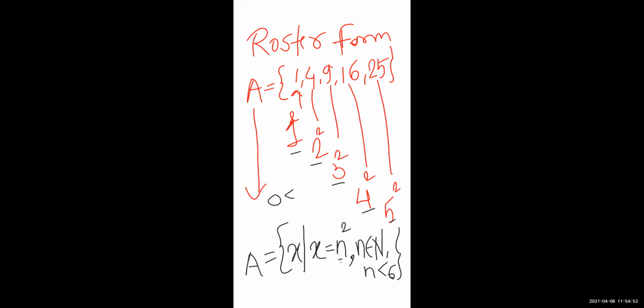Okay. Likewise, we will take the second list. So this is the one set of a roster form, and this is one of a set builder form. Now the second example we have to give. Now I'm giving you an example in a list. You have to make the set builder form of that.